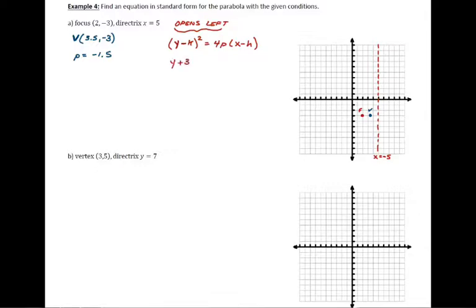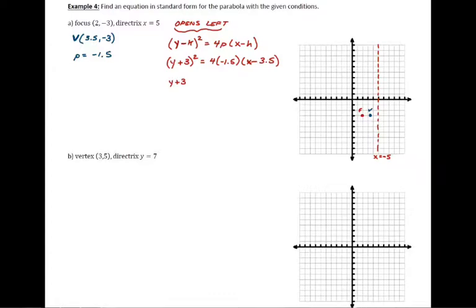So now that I have my p-value and my x and y coordinate of my vertex, I can plug that information into my standard form equation. So I'd have y minus -3, which I'm going to write as (y plus 3) quantity squared, and that just comes from the y coordinate of the vertex, equals 4 times -1.5, which is my p-value, times the quantity x minus 3.5.